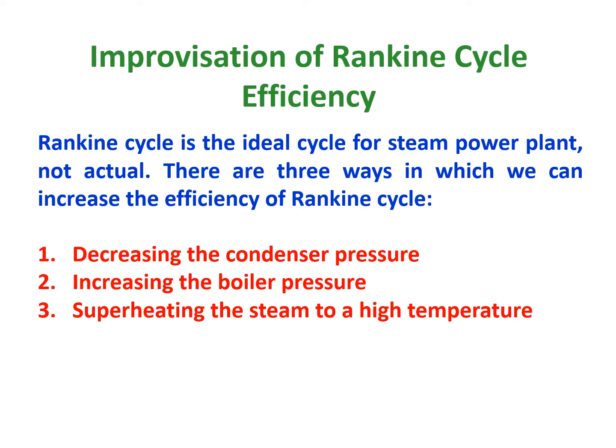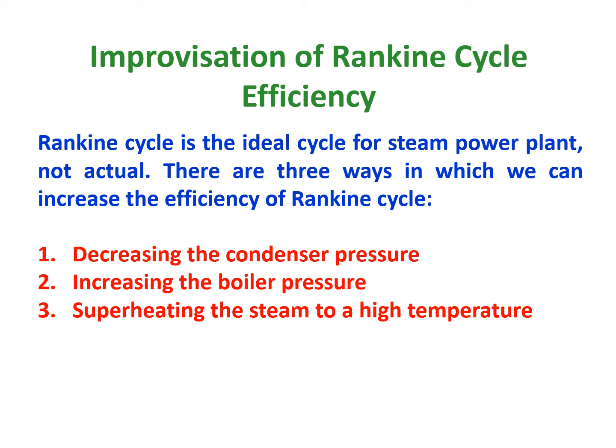In our power plants, we are achieving 30 to 35% efficiency, which is far less compared to foreign countries. In foreign countries they also use the same principle of the Rankine cycle, still they are ahead in efficiency by 2 to 3%.